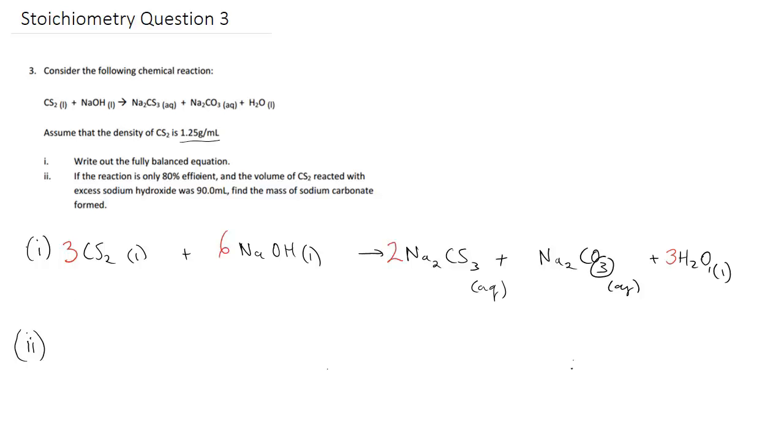If the equation is only 80% efficient and the volume of CS2 reacted with excess bromide was 90 mL. So the volume of this is equal to 90 mL. Find the mass of sodium carbonate formed. Sodium carbonate. That's this.